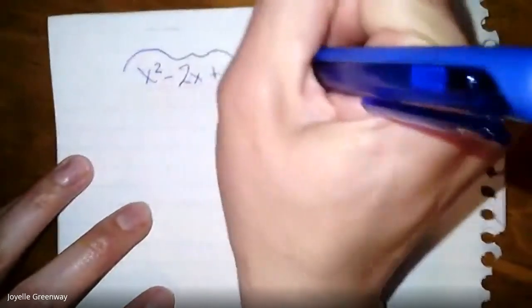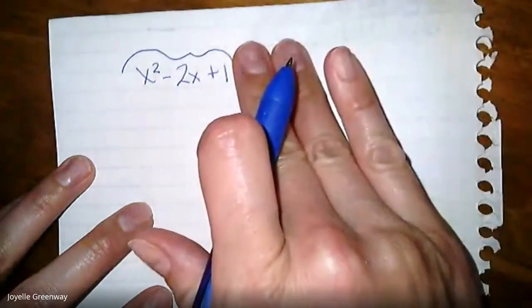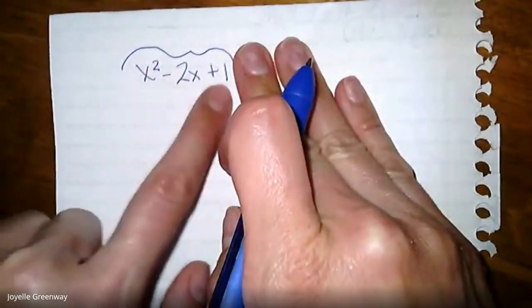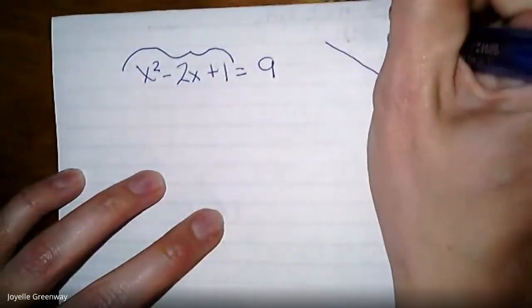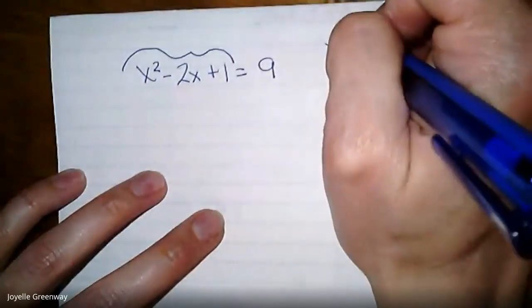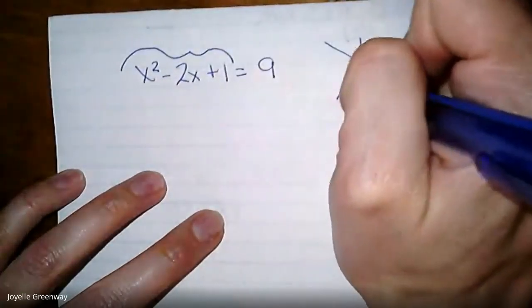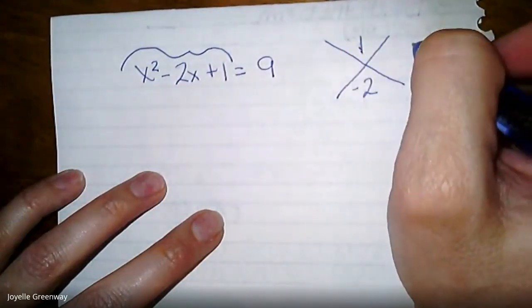Okay? If I were to factor this trinomial, forgetting about the 9, I just want to factor this right here. You can go through your factor thing, right? So a times c is 1 because 1 times 1 is 1, and b is -2. So what are my factors of 1 that when added together give you -2?